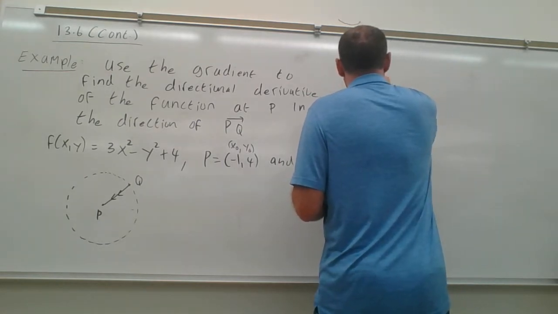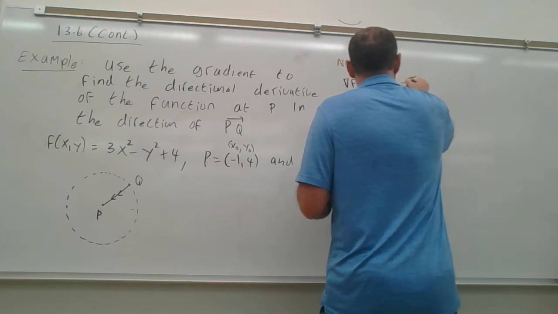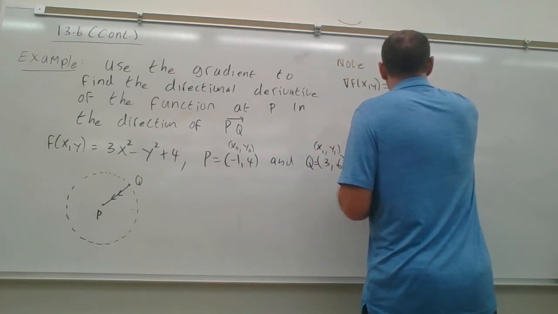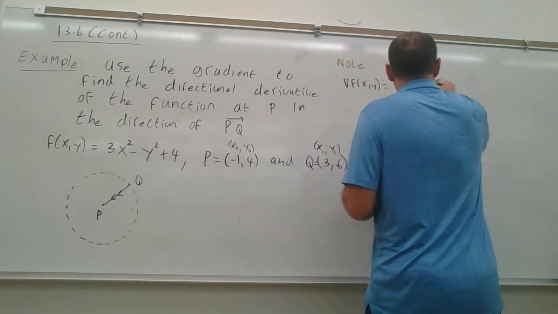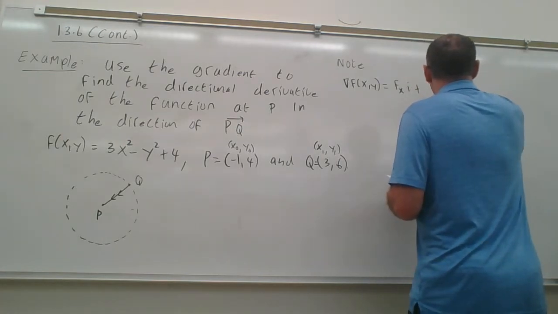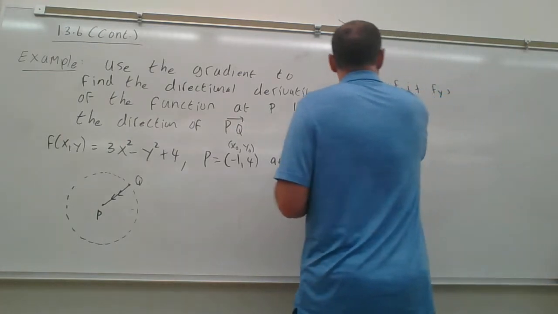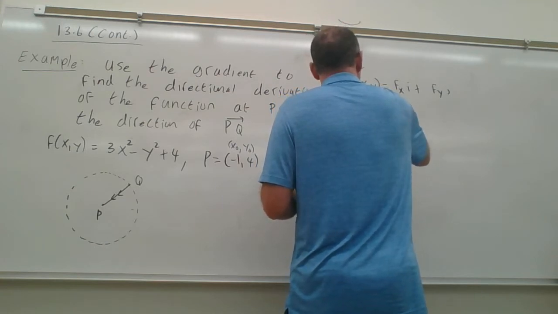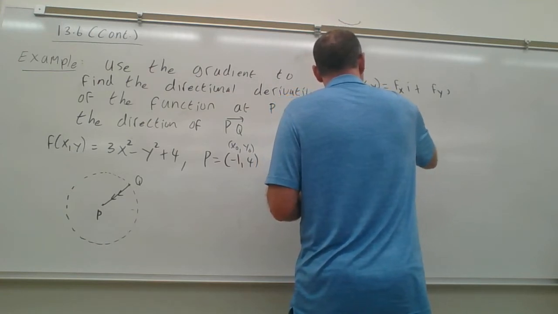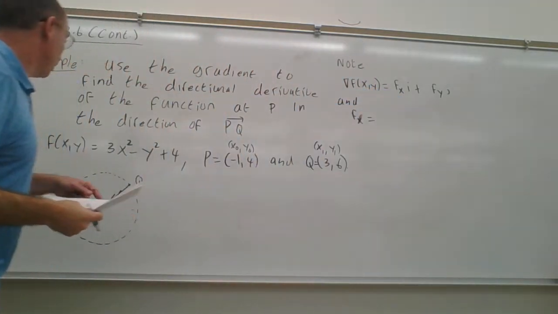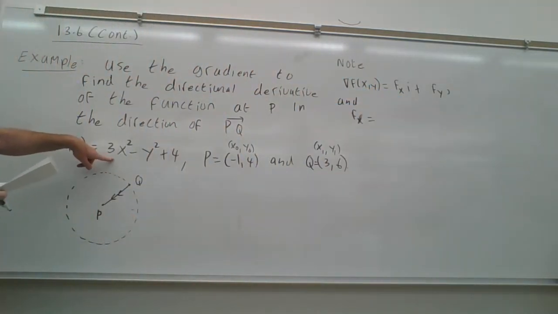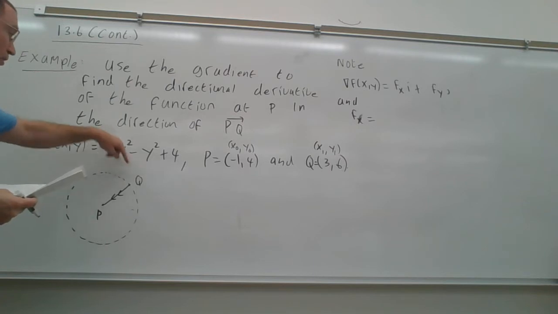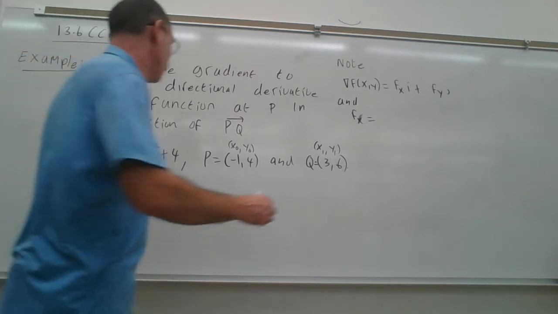So our gradient, again, by definition, is defined to be the partial derivative with respect to x, i direction, partial derivative with respect to y, j direction. Well, here's our function, so partial derivative with respect to x, we're treating the y as a constant. It's going to be 6x.